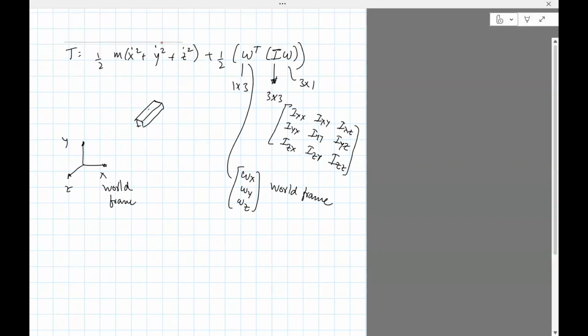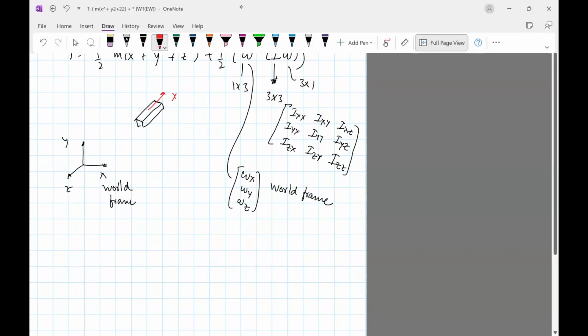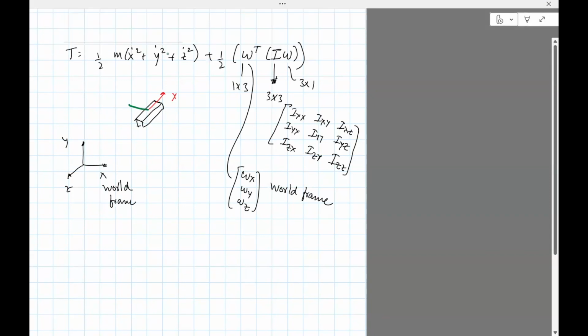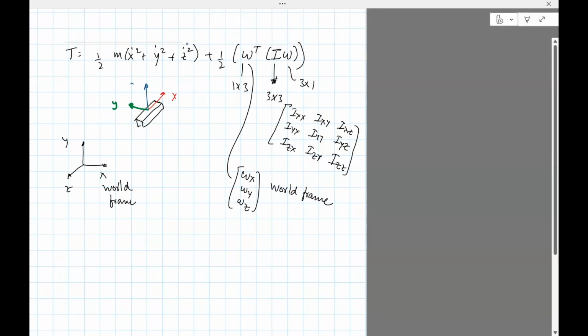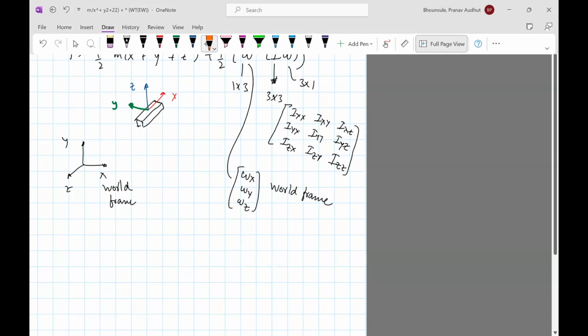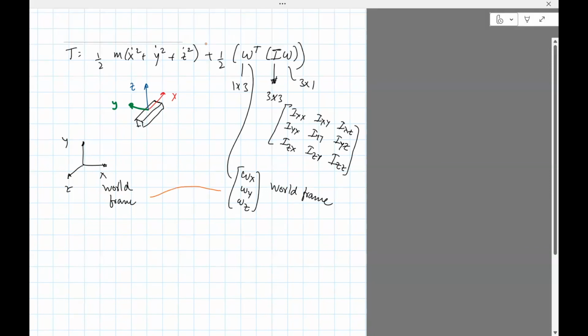So this thing here is the world frame angular velocity, and I is going to also be in the world frame.